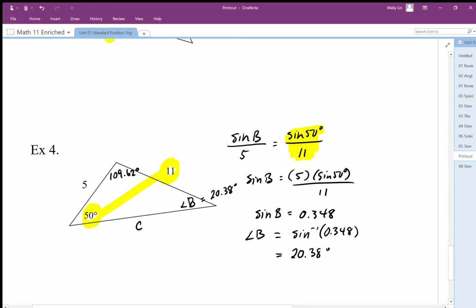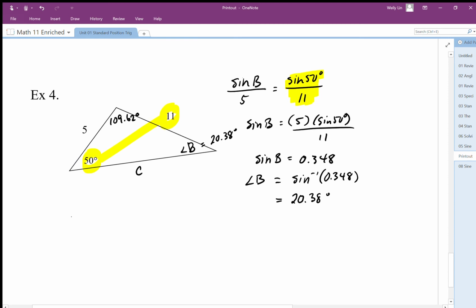I'll call it side C. Okay, solving for side C, again, we set up our ratio C over the side and angle opposite go together in the ratio. Okay, and then we put it together with the known side and opposite angle ratio. Okay, so that's our known one. That's the one that's given to us at the very beginning.